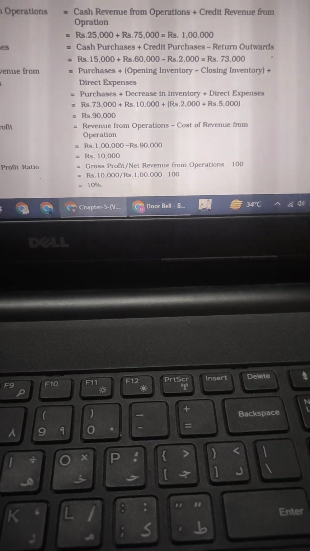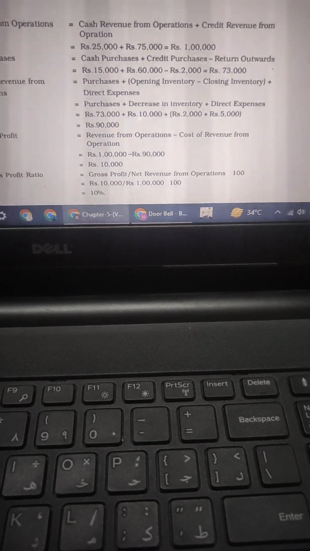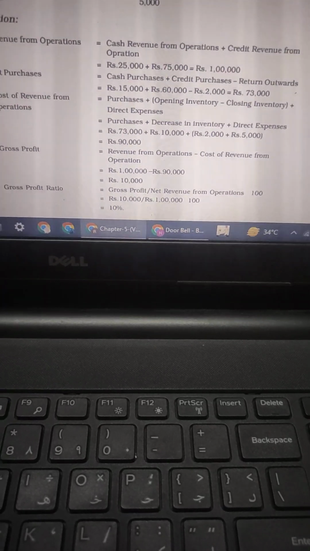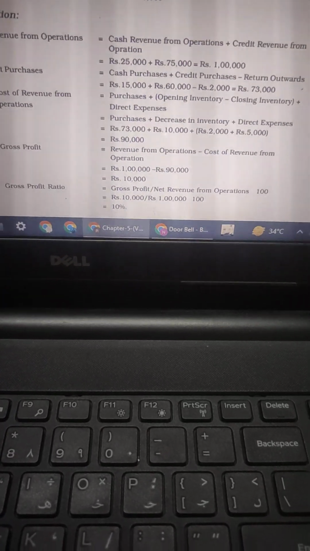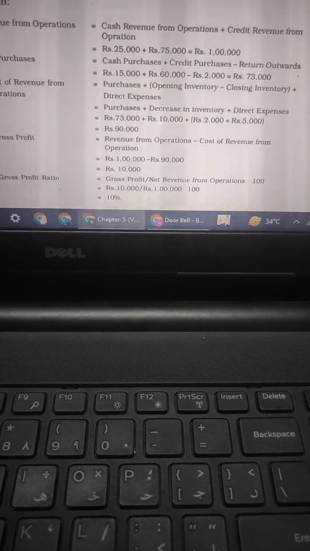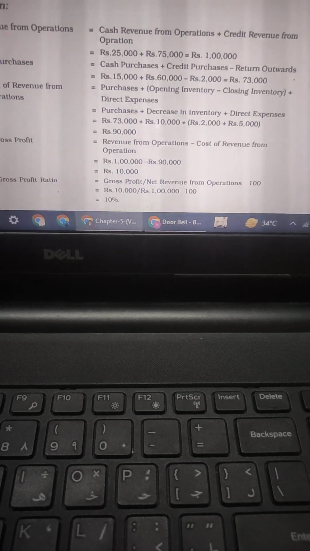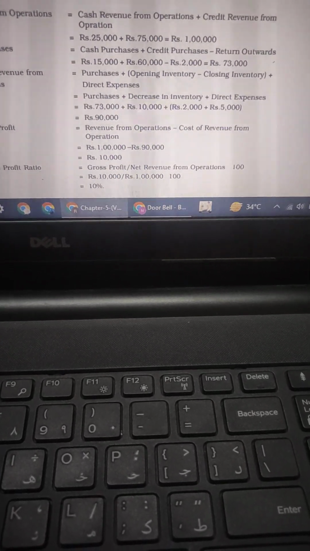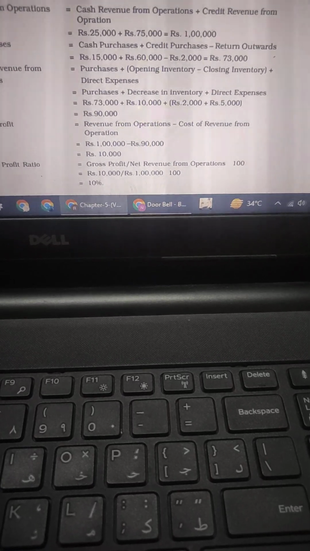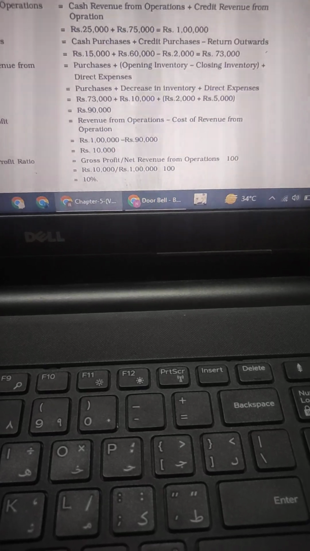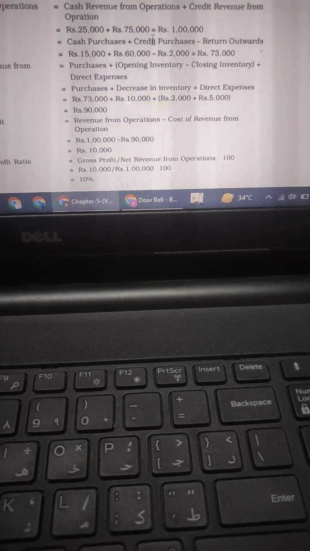Gross profit ratio, as I have said, the formula is gross profit divided by net revenue from operations into 100. So we have to find out the gross profit. Net revenue from operations we have already found.